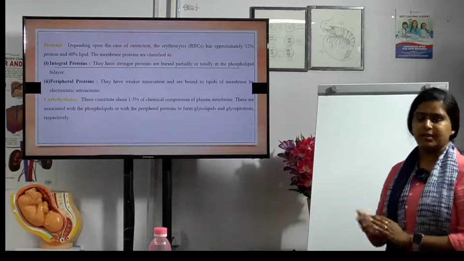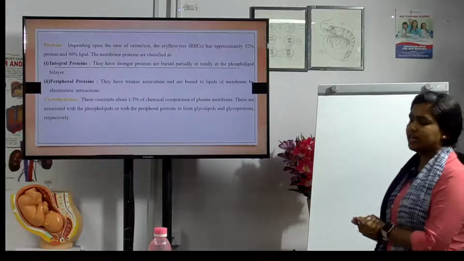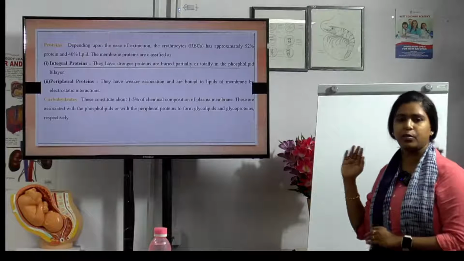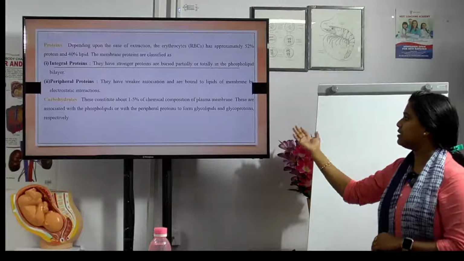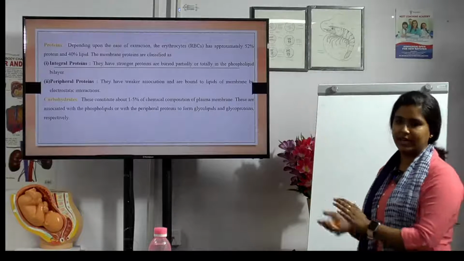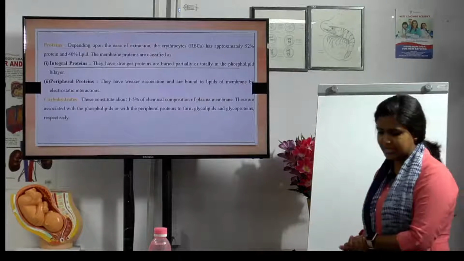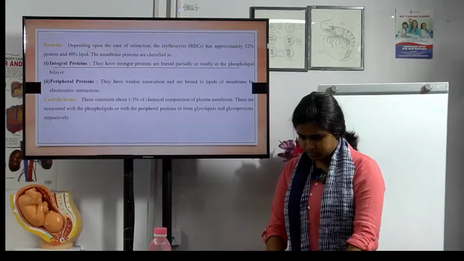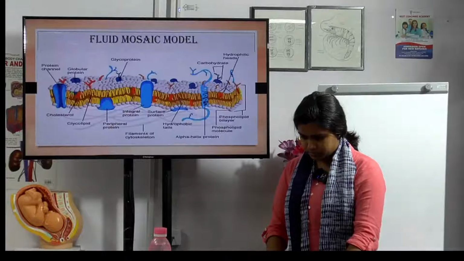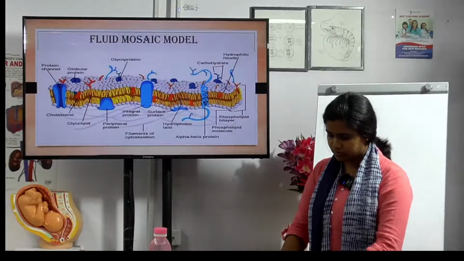Integral means stronger, peripheral means weaker association. Next, carbohydrates: their composition is 1 to 5%, and these are associated with phospholipids or peripheral proteins. They are linked with proteins and lipids to form glycolipids and glycoproteins respectively. Okay, and the next thing we are going to see is the fluid mosaic model.